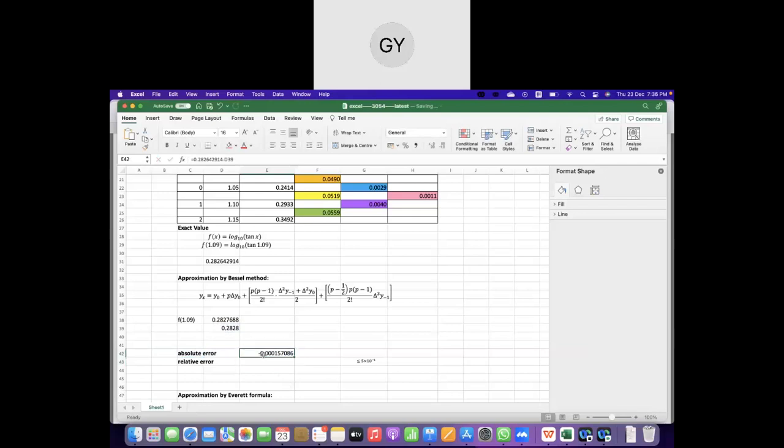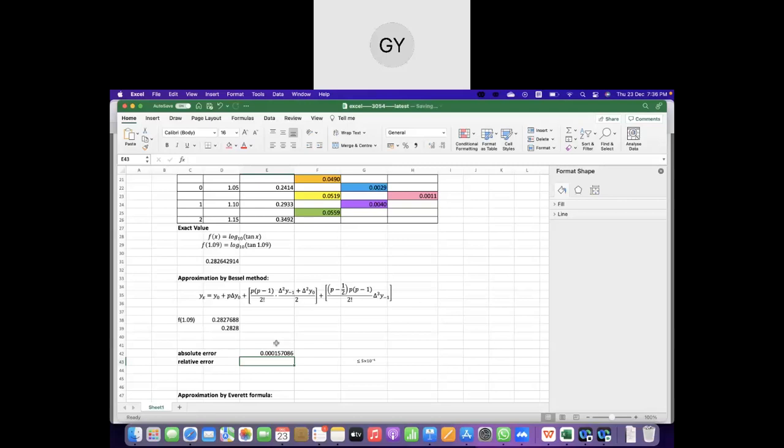Since the value is negative, we need to add the minus sign and brackets, so the answer becomes a positive number. So the absolute error is 0.00015786.